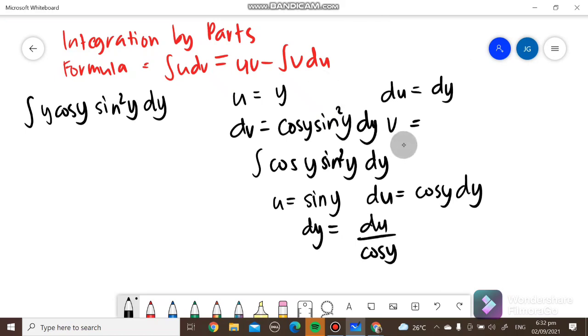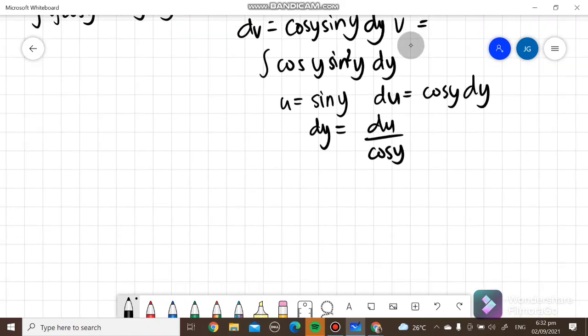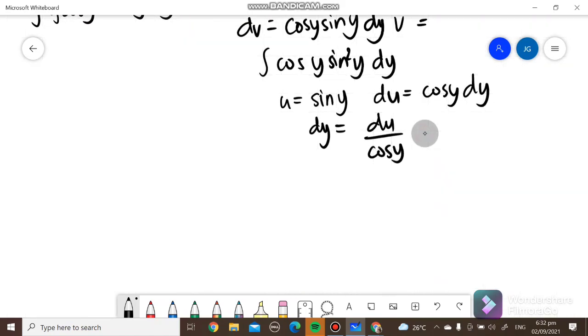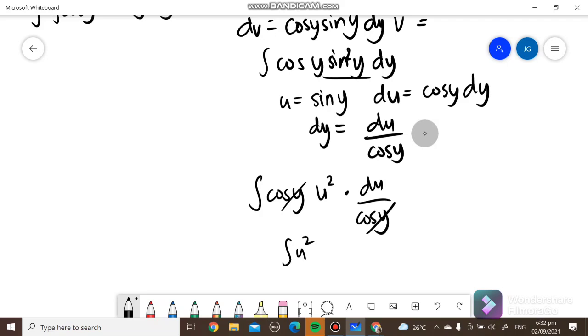So, let's integrate. Through integration, sine y, which we set as u, is raised to 2, multiplied by the dy value, which is du all over cosine y. So, this cancels, and we will be left with the integral of u squared du, which is u cubed over 3 using the power rule.